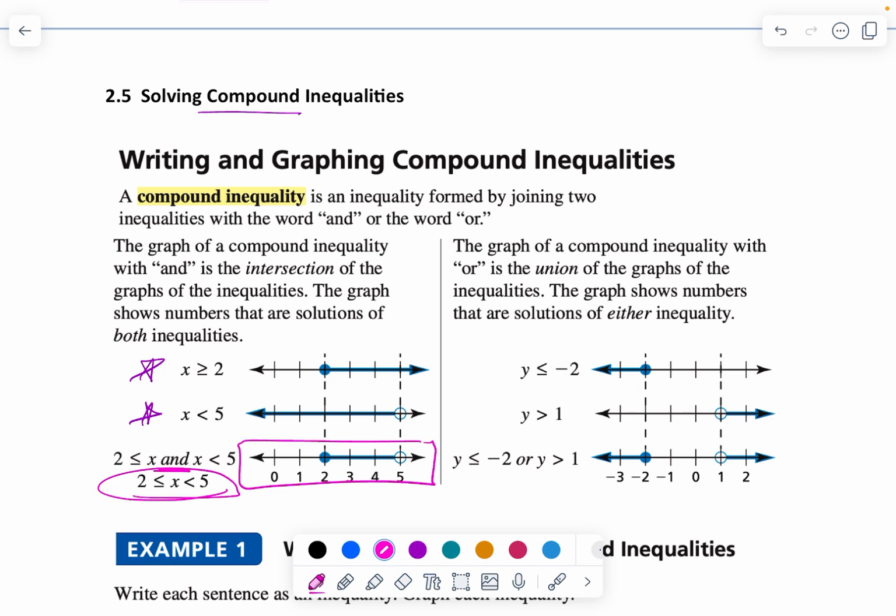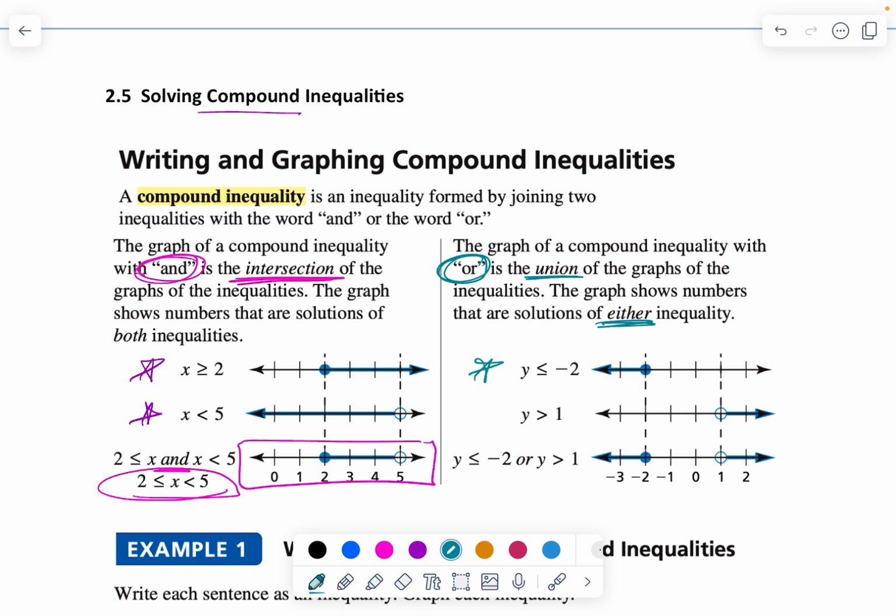So if it's an "and," it's the intersection. It's all the points that fulfill both inequalities, greater than or equal to 2 and less than 5, at the same time. The other one is the "or." Or means it could be either one, this or that, so we include all of it.